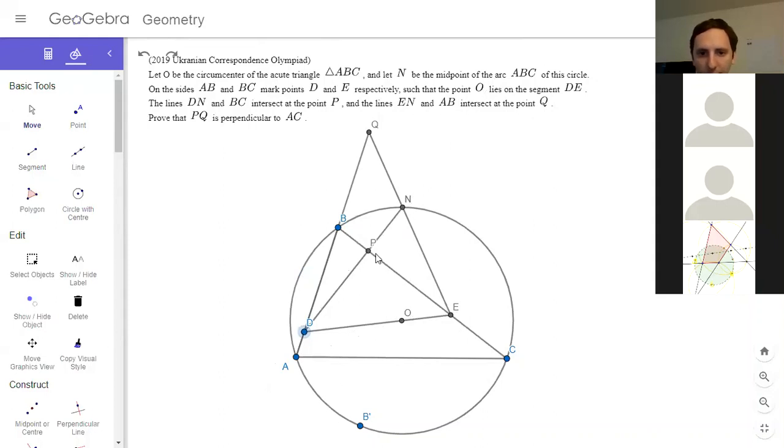Can we just use projective geometry to show that PQ is parallel to ON? So if you project P and Q through point B, you'd get A, or you could get DE, let's see.